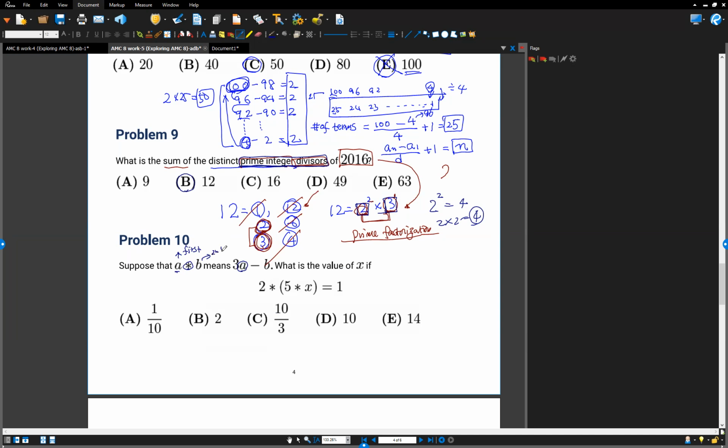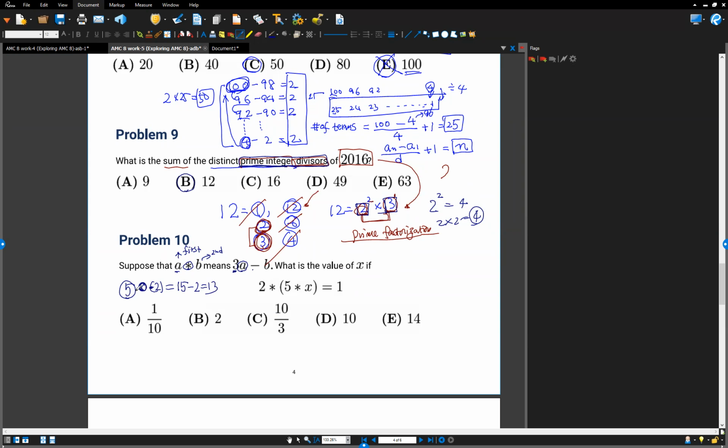First number, we multiply by 3 and subtract the second number. When you have a 5 and 2, what does that mean? 3 times the first number, 15, minus the second number, it's going to be 13. That's the symbol definition, okay?